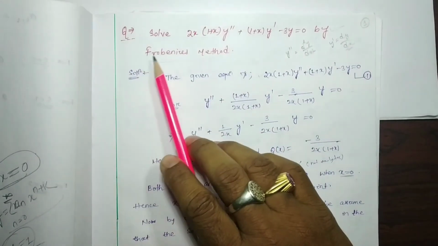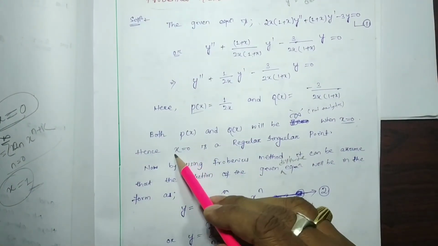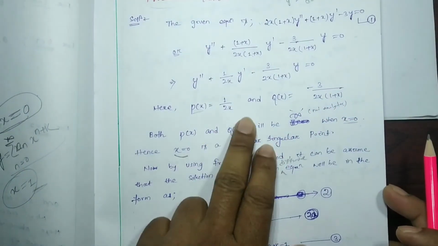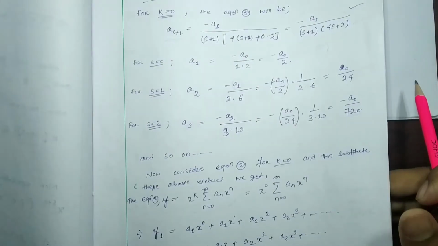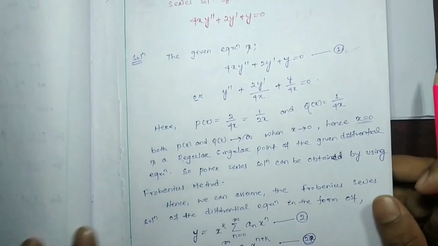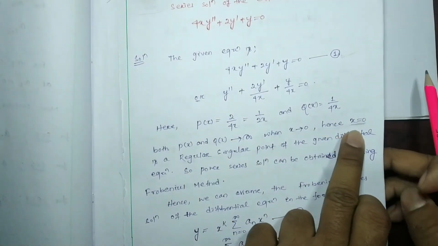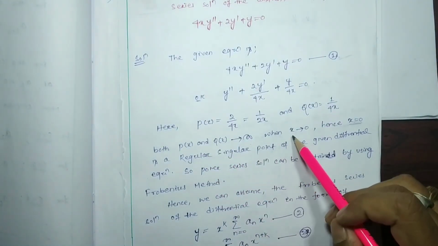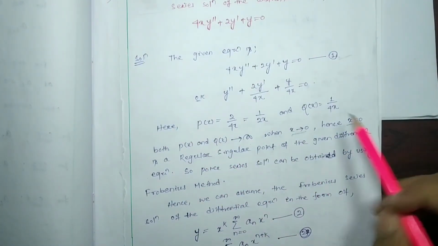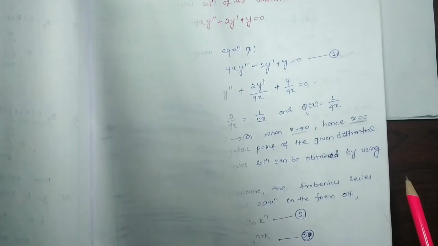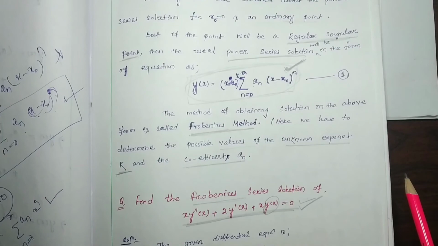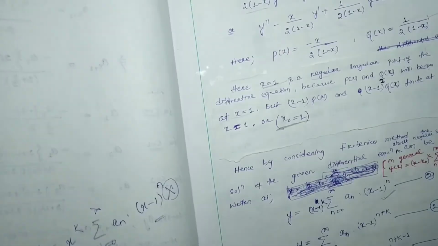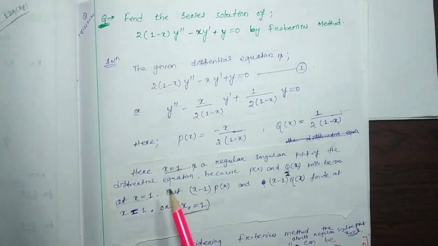For those questions, when x tends to 0, p(x) is infinity and q(x) is also infinity, hence x equal to 0 is the regular singular point. Before that we also did another question where x equal to 0 is the regular singular point, but in this question the regular singular point is 1.